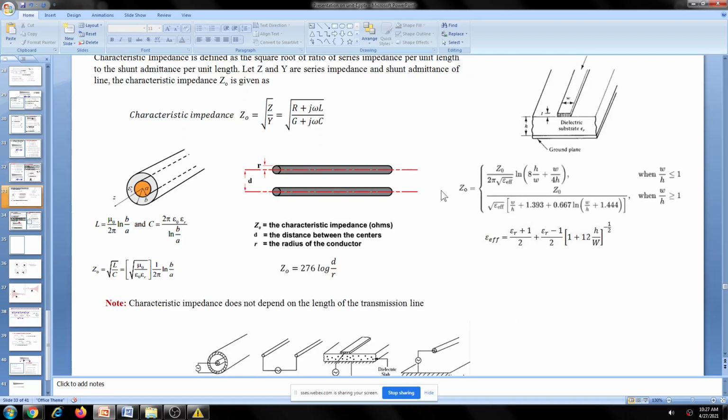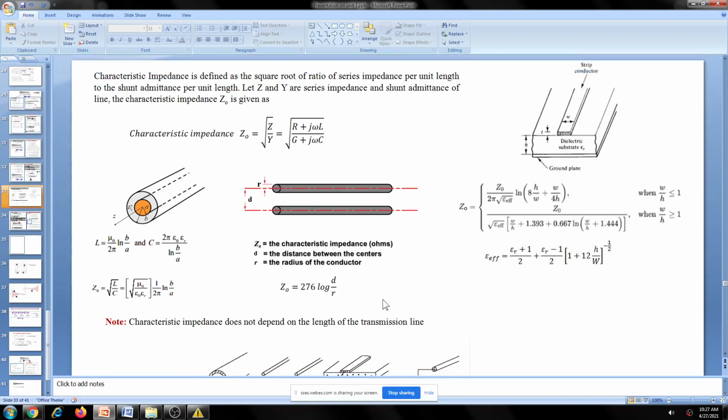And one thing we have to keep in mind: the characteristic impedance does not depend upon the length of the transmission line. This is the length of the transmission line, but the characteristic impedance depends only on the other parameters of the transmission line.